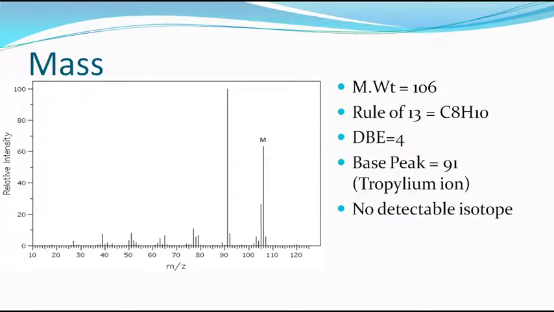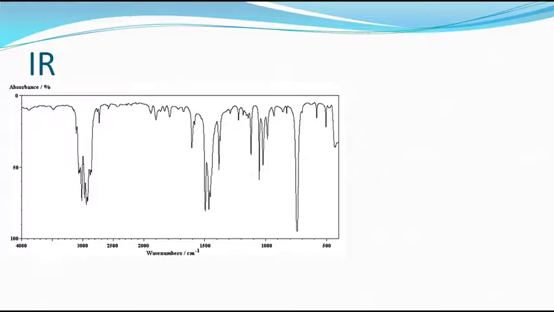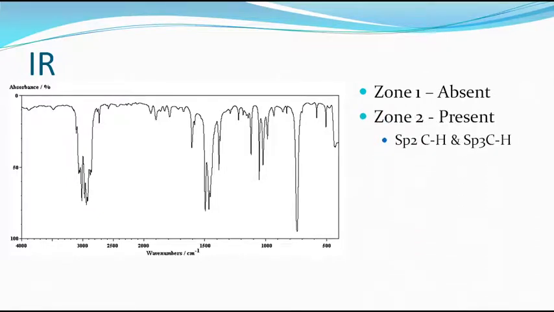We shall progress to the IR. If we see the IR spectrum, zone 1 is absent and zone 2 is present. Around the 3000 mark, peaks appear on both sides, above 3000 and below 3000, so both sp2 CH and sp3 CH are present. It is not an aldehyde, because an aldehyde would appear around 2700.